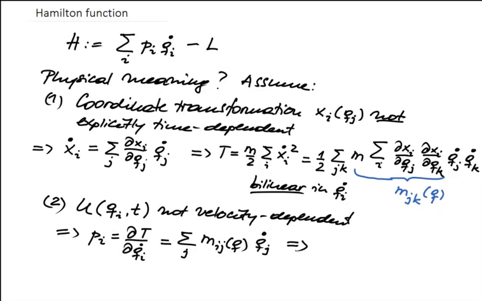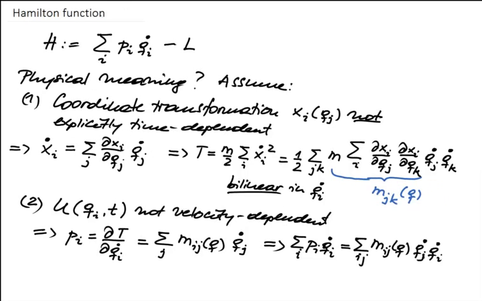Now we can insert this form for the generalized momentum into the definition above of the Hamilton function. The first term, the sum over i, pi qi dot, now acquires the form of a sum over ij, the coefficient mij, and then the velocities qj dot, qi dot. Yet this sum is nothing but 2 times the kinetic energy.